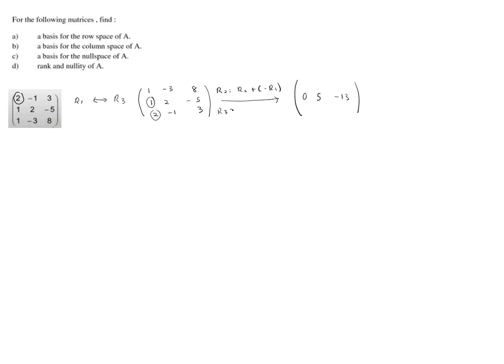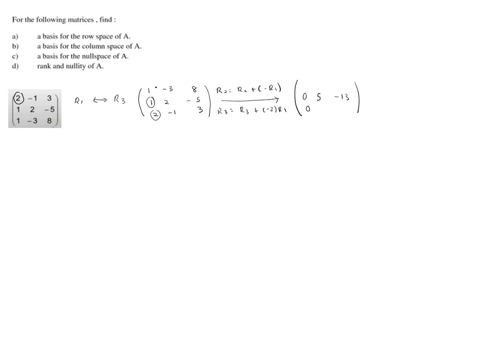So row 3, R3 plus negative 2 R1. Two minus 2 is 0.